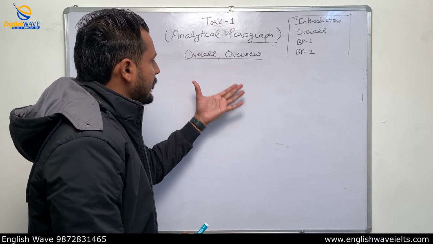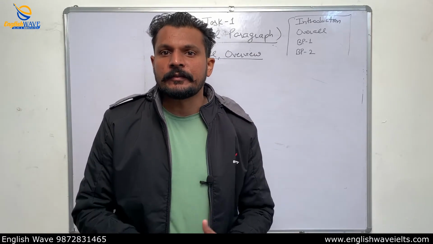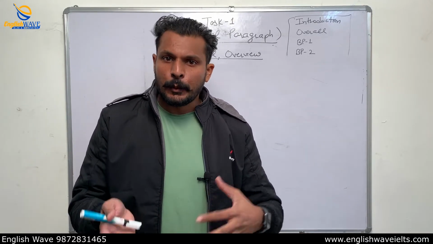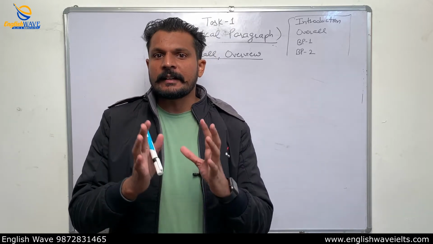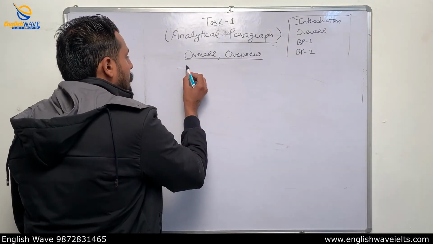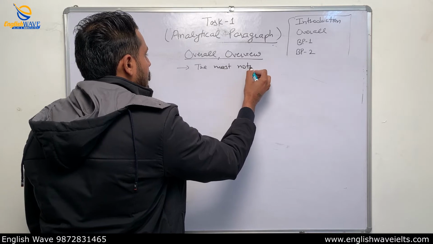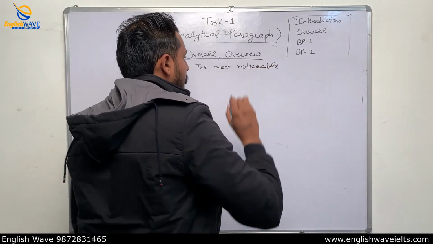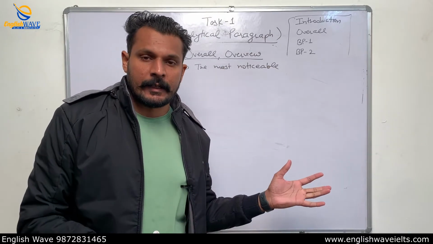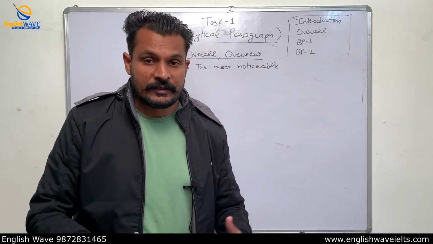As the name suggests, we have to see the general overview of the whole task. Means what are the things that we are supposed to put in our overall. Let's see. First, the most noticeable trends. We have to describe the trends which are most noticeable in our graph, or we can say at the very first glance, these are in our observation.